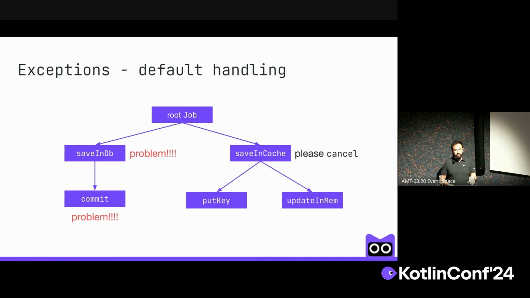And then the root job can do something, but more importantly, because it knows that there are other jobs running, and because the saving database has failed, what we do in the default case is just cancel the rest, because what's the point of waiting for other work to be done if we know that a problem has arisen somewhere else? So everything there will be canceled. And at the end, this final problem is going to be given back to the caller of this method.